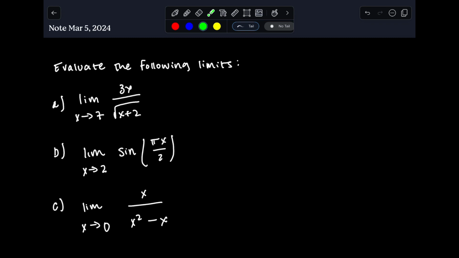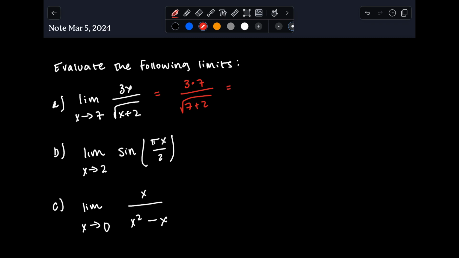Now, some limits can be found directly through direct substitution, and this is one of those cases. By directly substituting x to be 7, we come up with the following equation: 3 times 7 divided by the square root of 7 plus 2.